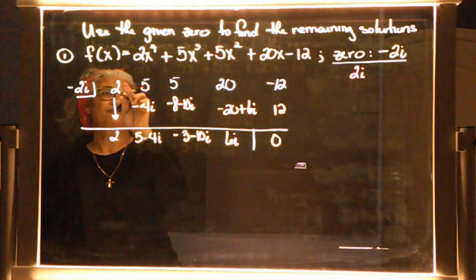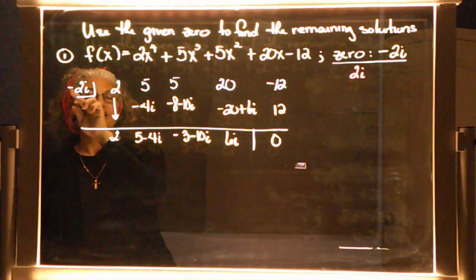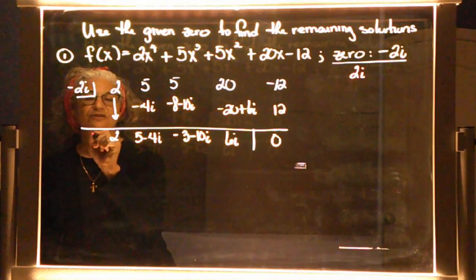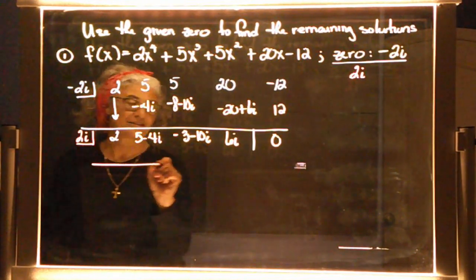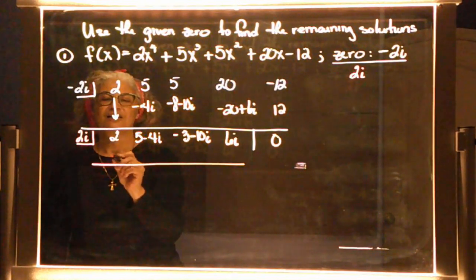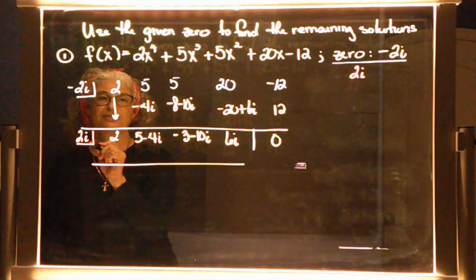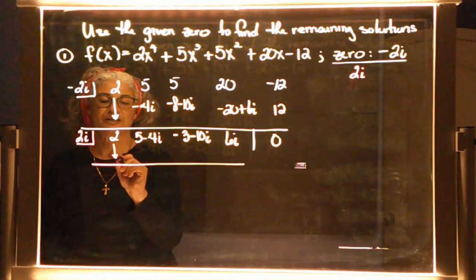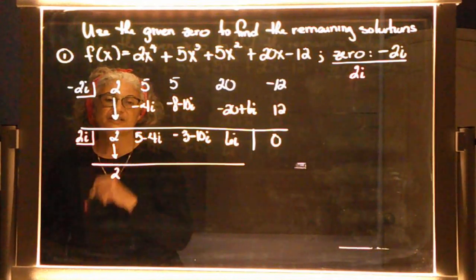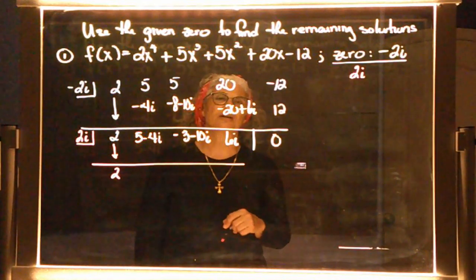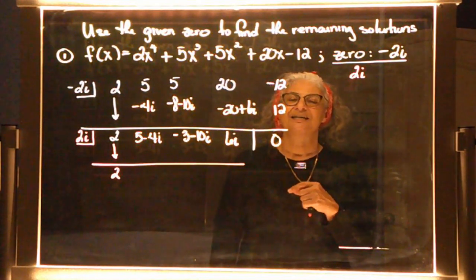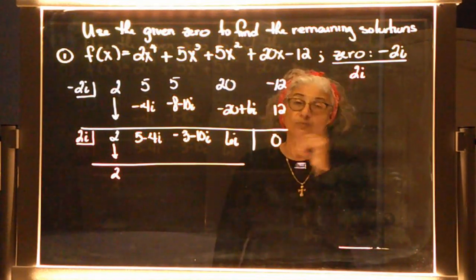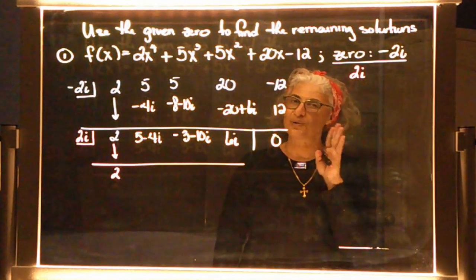Remember, this was a 4th degree. We cut it down by 1 degree, so this is a 3rd degree. So I'm going to take this 3rd degree, and I am going to divide it by a positive 2i. Remember, that first number always comes down. And you're like, oh my gosh, all that work again. Well, here's the cool thing. If we did the first one right, which we did, the second one actually is a whole lot simpler.